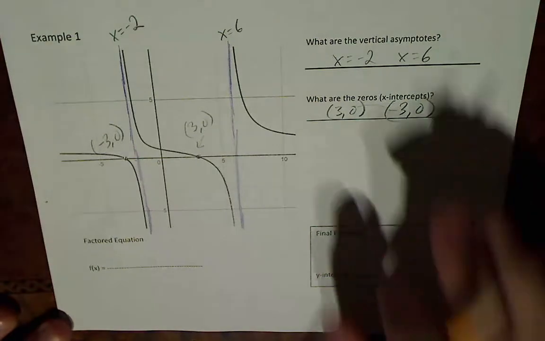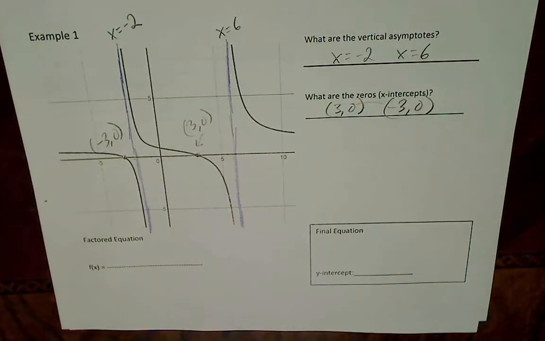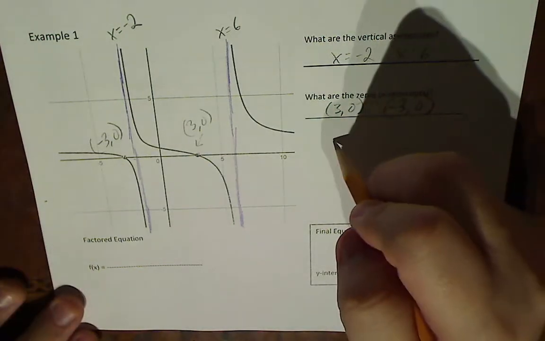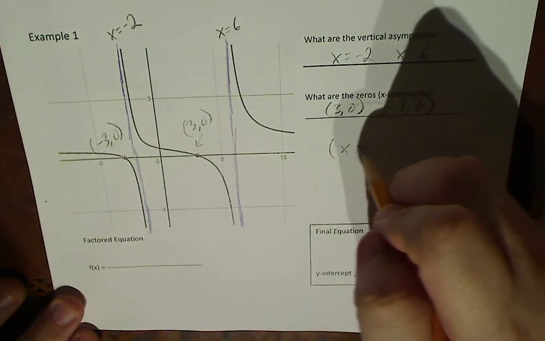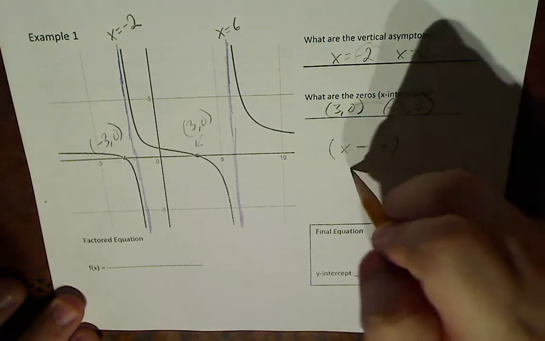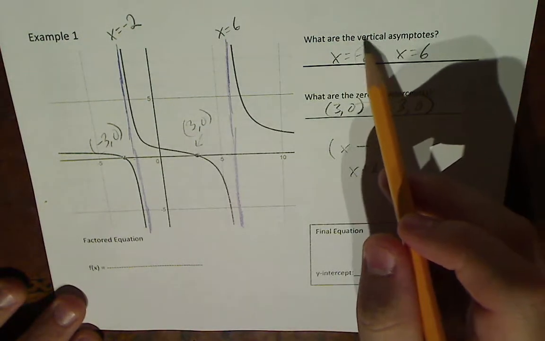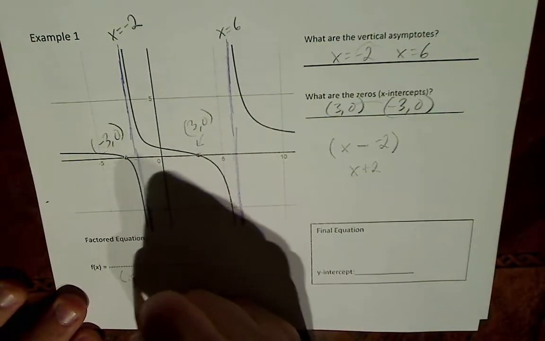So now I'm going to take these and write the factors of these. Here's how it works. The general formula is x minus, then the first one will be -2, which becomes x plus 2. So my first factor in my denominator is going to be x plus 2.